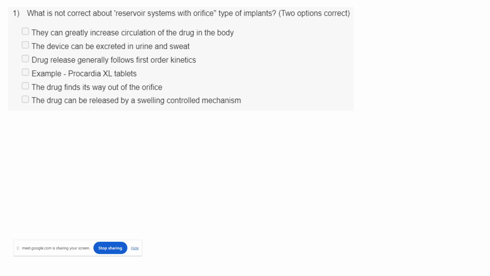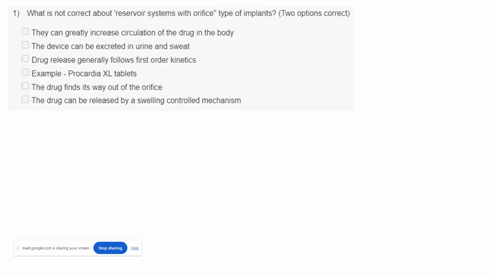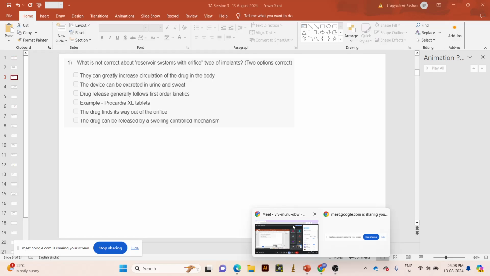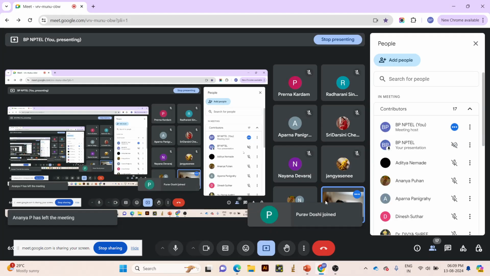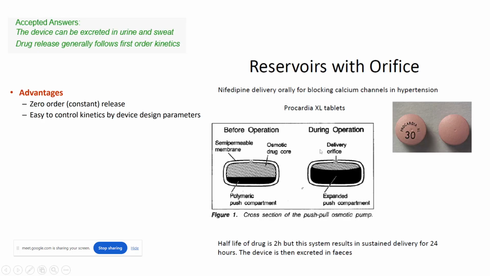Okay, then let's look at the answer. So these two options are correct. The device can be excreted in urine and sweat, and the drug release generally follows first order kinetics. So option 2 and 3. Most of you are correct. Yeah, so it actually follows a zero order kinetics, that is constant release, and it is easy to control the kinetics by the device design parameters.